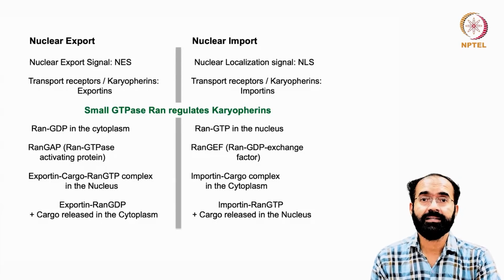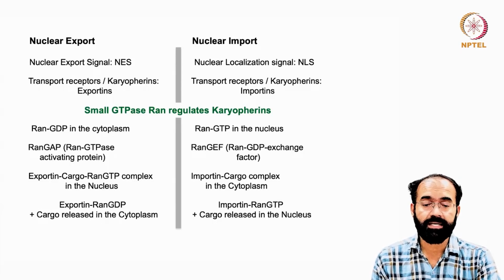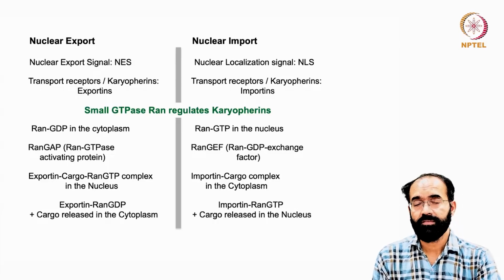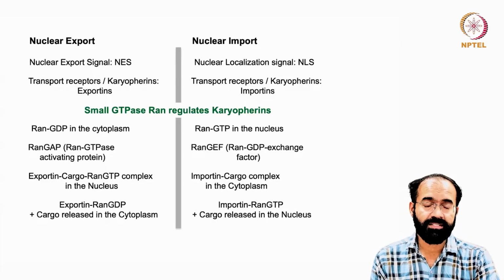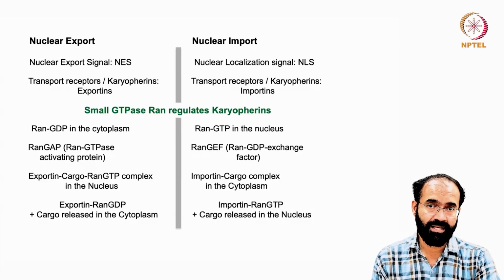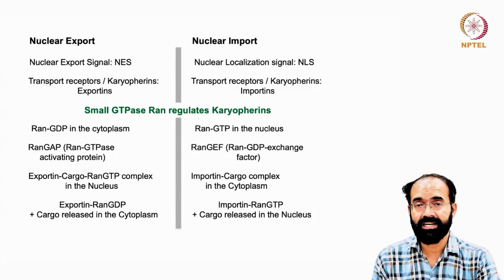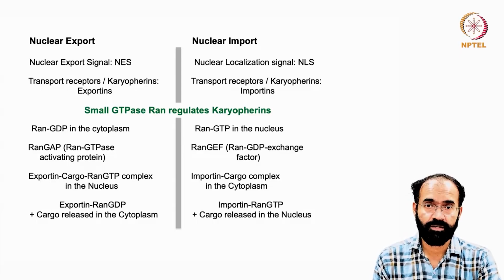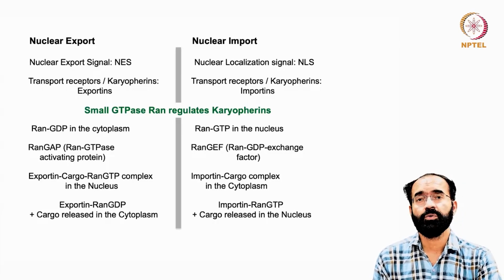And this Ran GTPase can regulate the karyopherins. So whether or not these karyopherins have the energy provided by the Ran GTPase, it will decide how they function in a given manner. That means karyopherins are important in nuclear export, and they are important in nuclear import also.